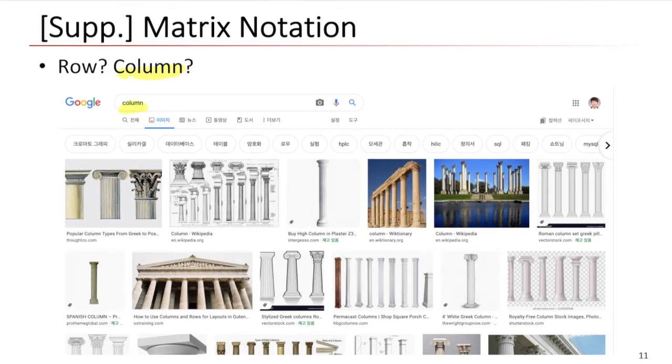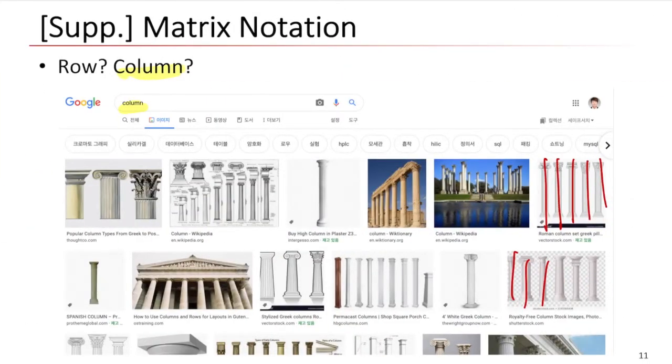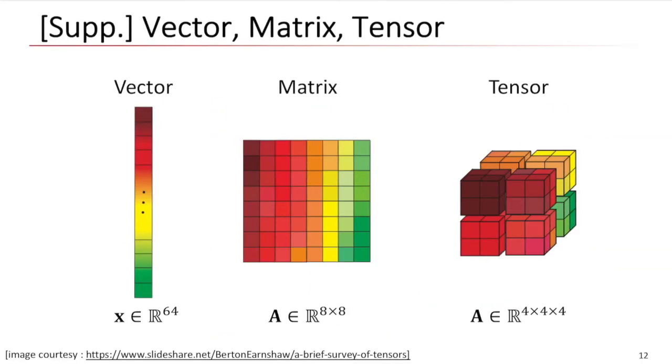So the column looks like, how can I say, like this, as you can see. So when we think about the column, we can imagine what is a column and what is a row. If you remember this page, I'm sure you never forget what is a column and what is a row.